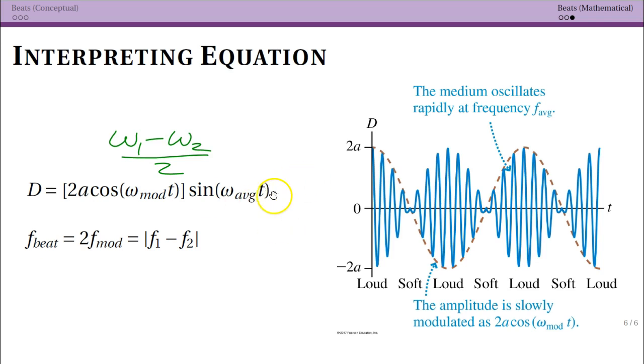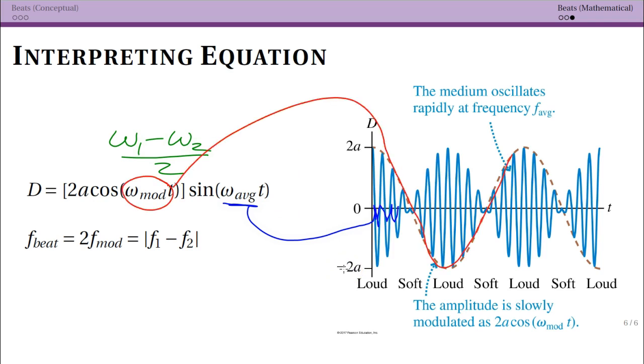So that's going to be our modulation frequency. And then we had the average frequency. So the average frequency is giving us all this fast stuff up and down. So the average frequency is really, really fast. This modulation frequency is the one that's much slower. So this is important to recognize, that we have two different frequencies occurring here.